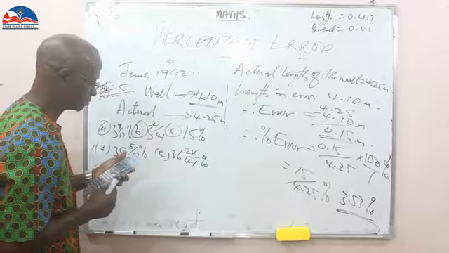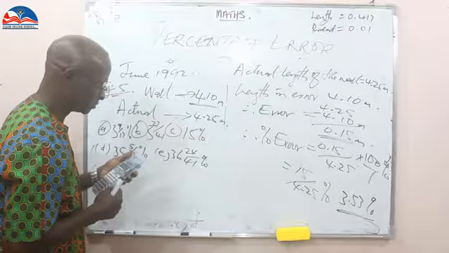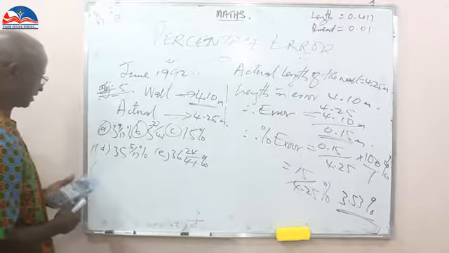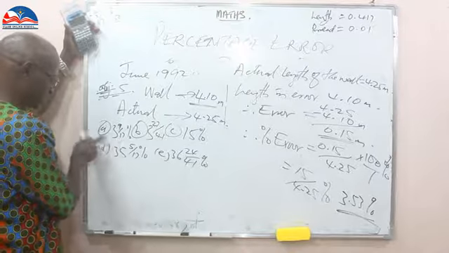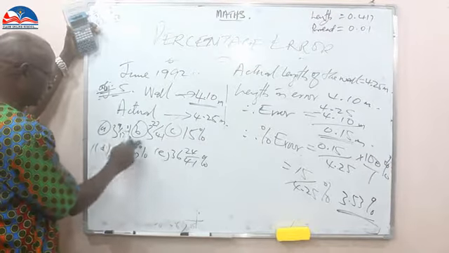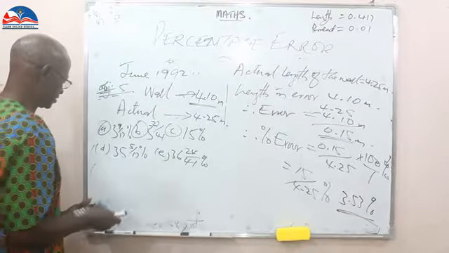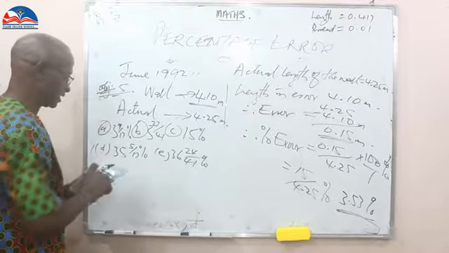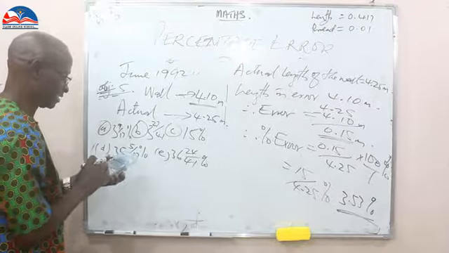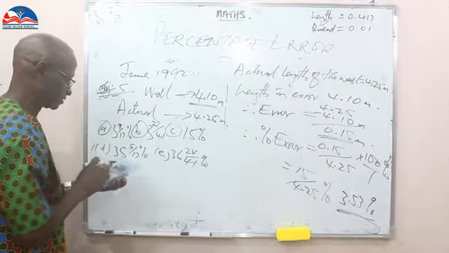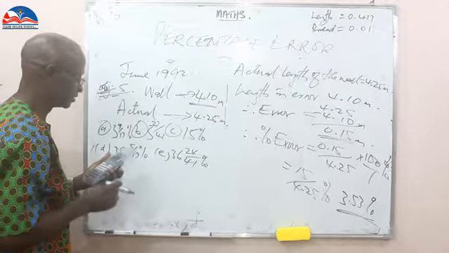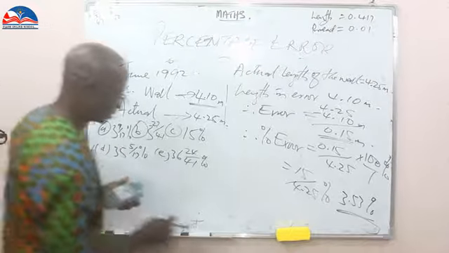Let me see the percentage here. It must be either A or B, because the other three are above. So let me see, 9 divided by 17 gives 3.5.